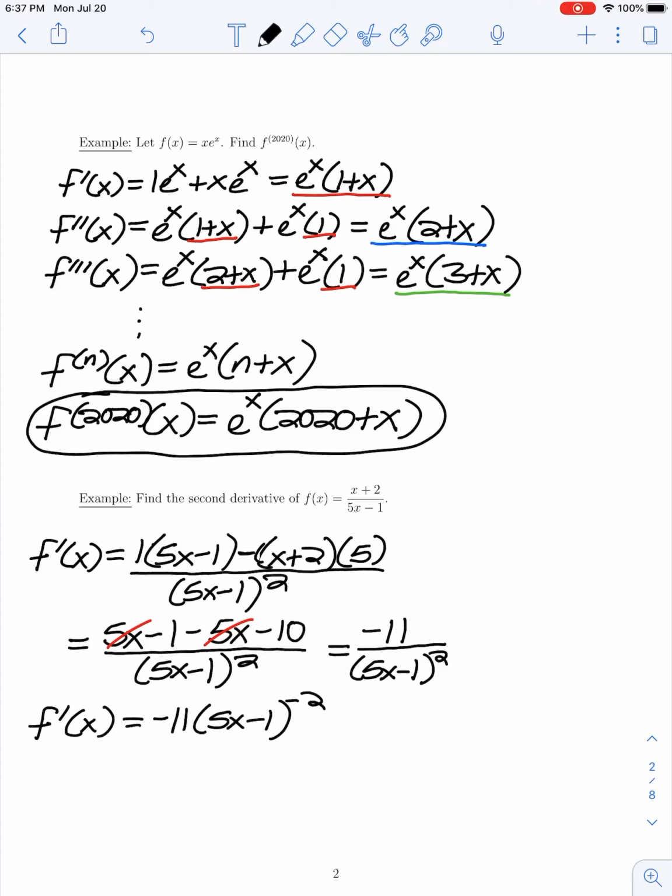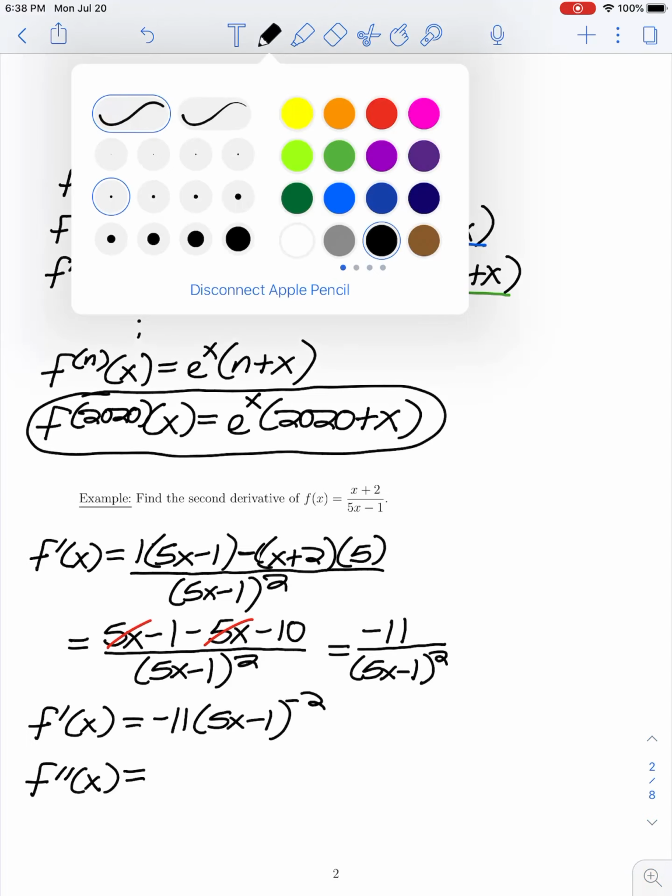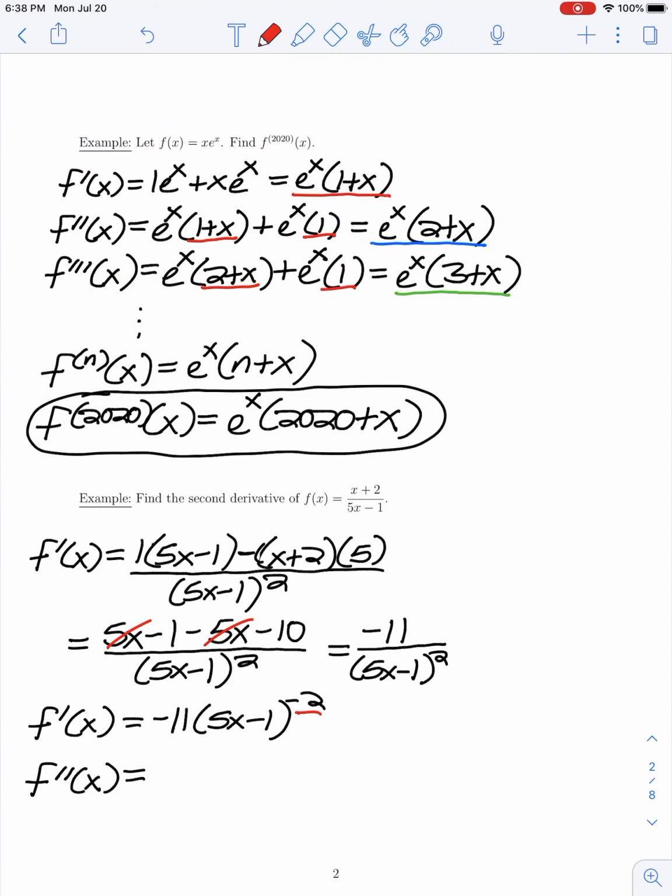So now, using the chain rule to find my second derivative, since this is a composite function, in particular we're using the generalized power rule, well, I would take my power of negative 2, bring it out in front, multiplying by the negative 11 would give me a positive 22, times 5x minus 1 now to the negative third.